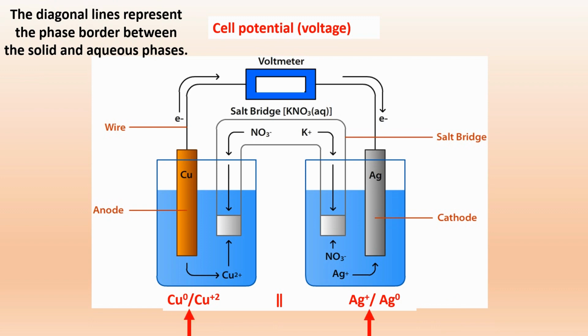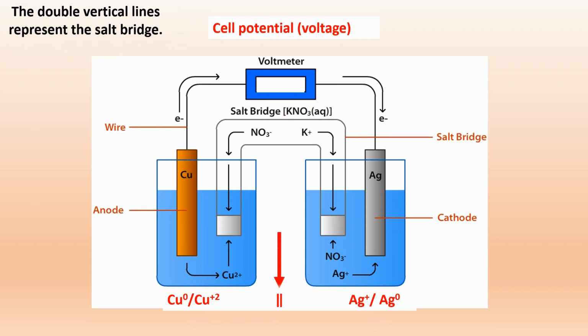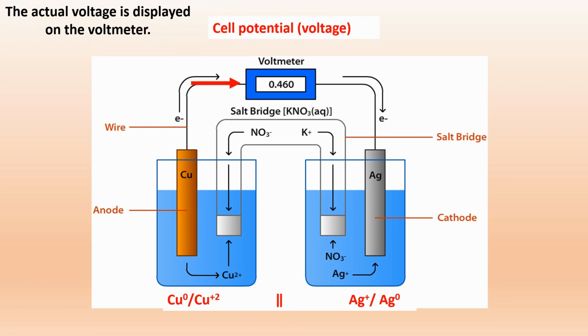The diagonal lines represent the phase border between the solid and aqueous phases. The double vertical lines represent the salt bridge. The actual voltage is displayed on the voltmeter.